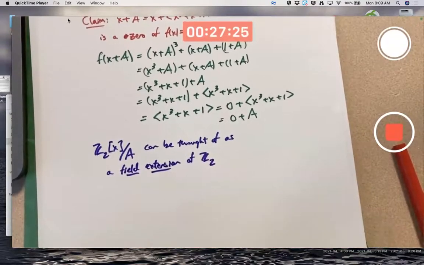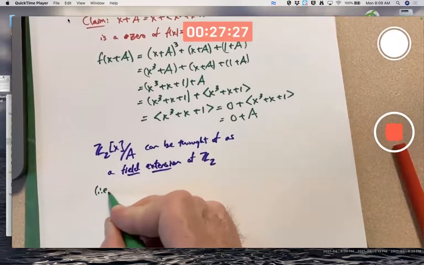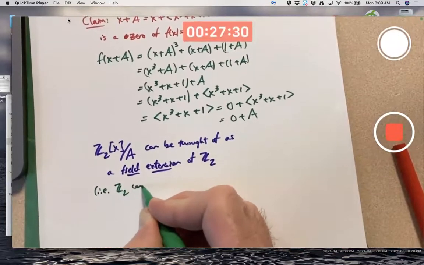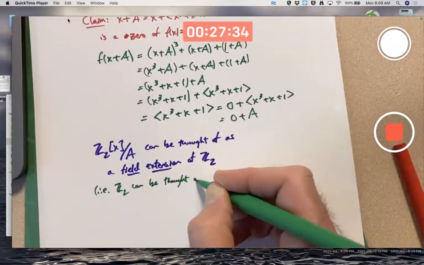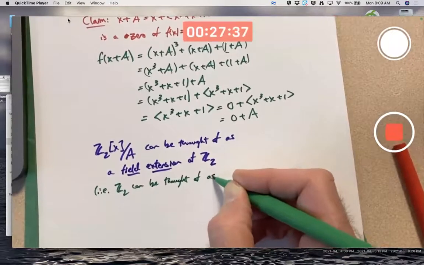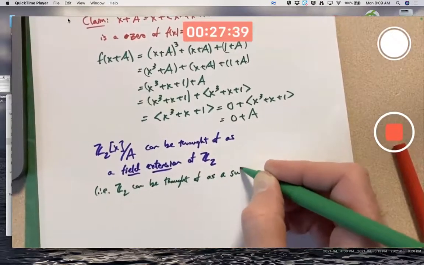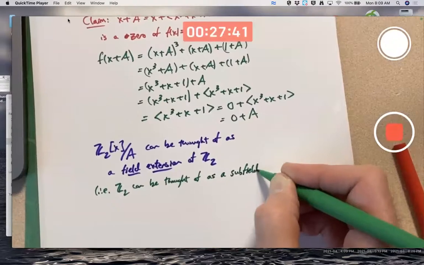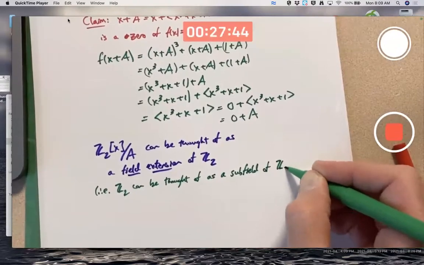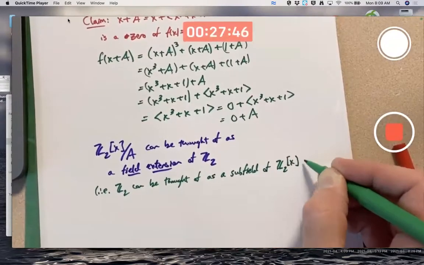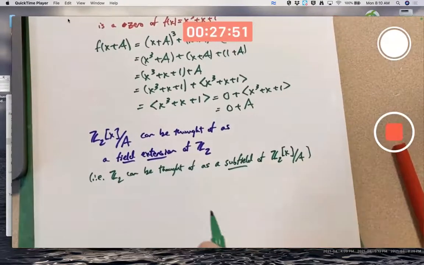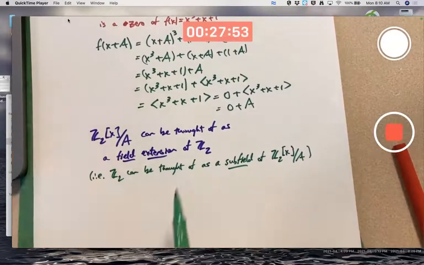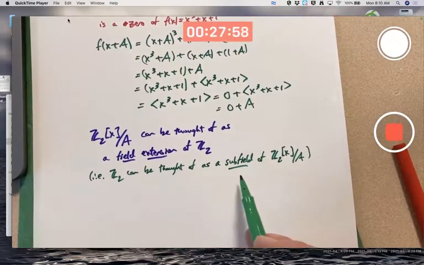Well, it's just another way of saying, i.e., Z2 can be thought of as a subfield of this factor ring. This thing being a field extension of Z2 means the same thing as saying Z2 is a subfield of this.